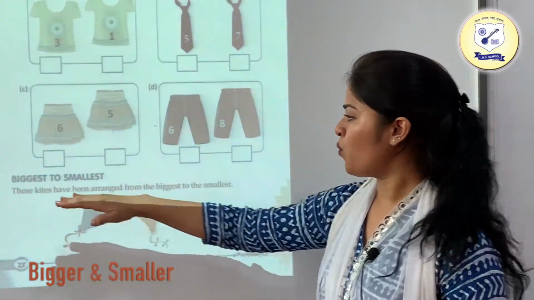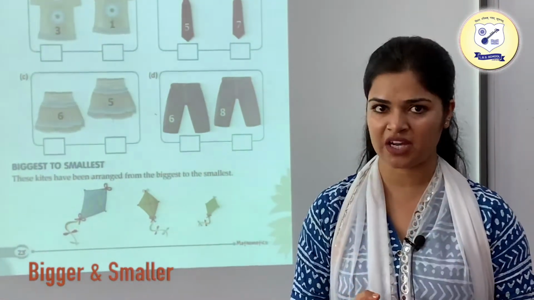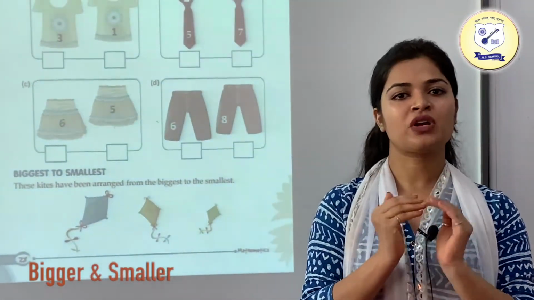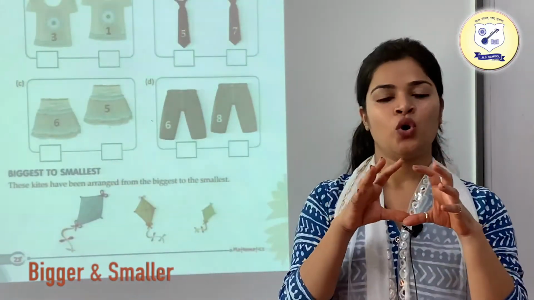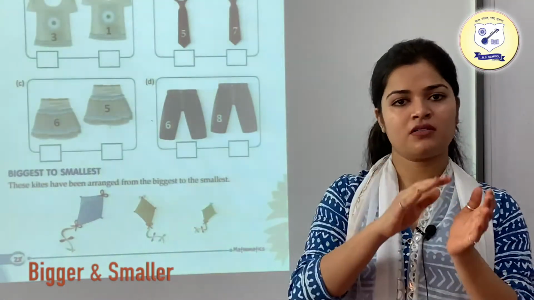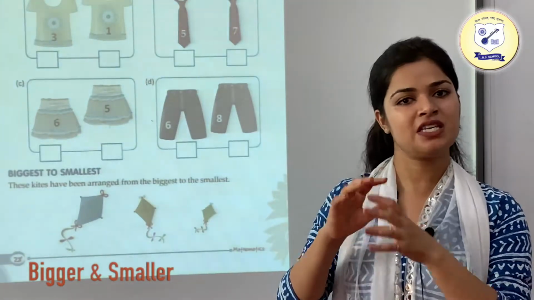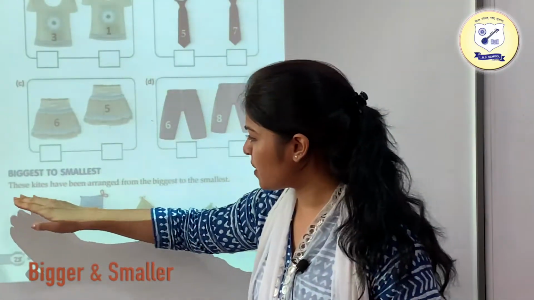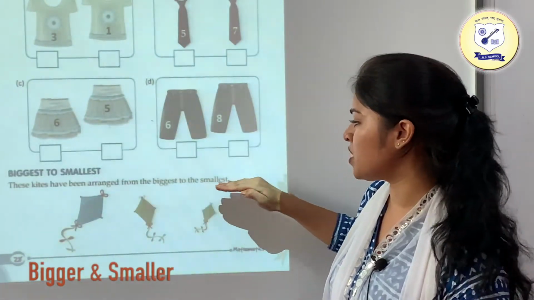Okay, now since we have learnt about the smaller one and the bigger one, and we know about counting from 1 to 10, what we need to do now is arrange the pictures in the sequence of their sizes. You can see that these kites have been arranged from the biggest to the smallest.